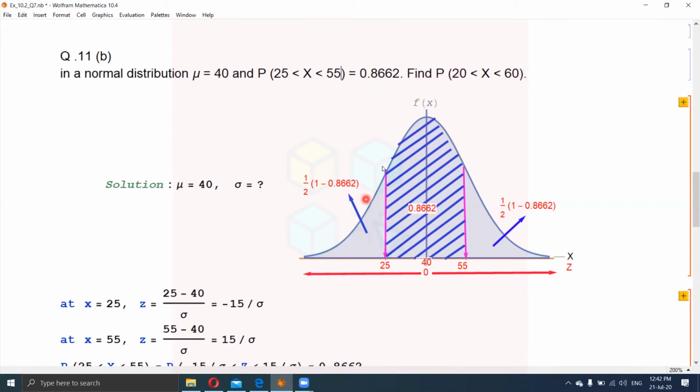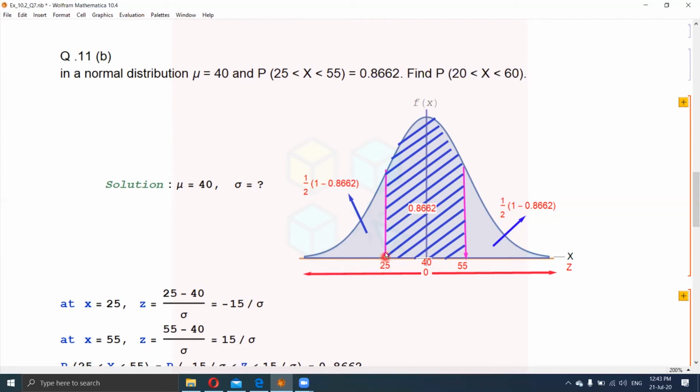So from the figure, you can observe the mean is in the middle of the distribution. Correspondingly, on the z-score, the value is 0. So the mean of x is 40, and 25 is definitely less than this one.